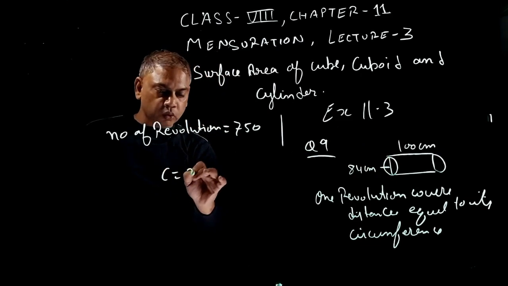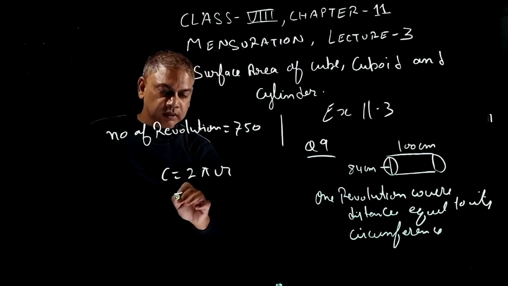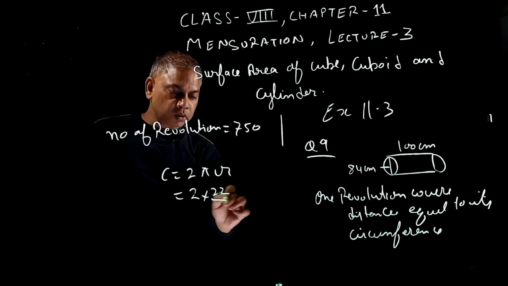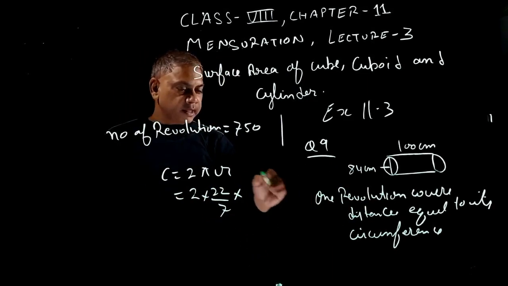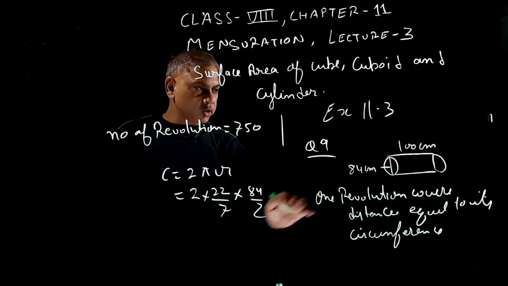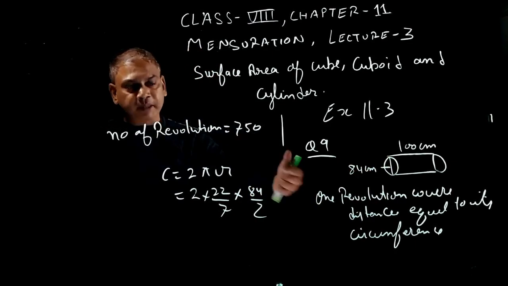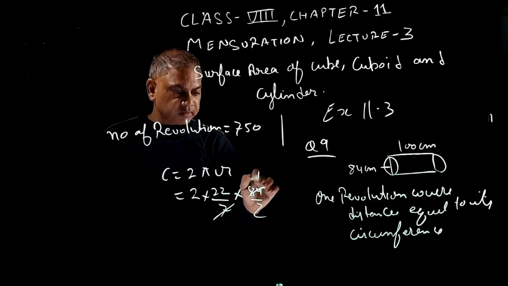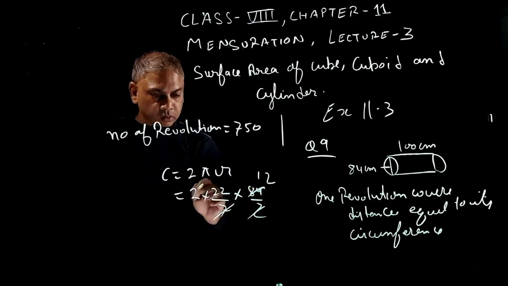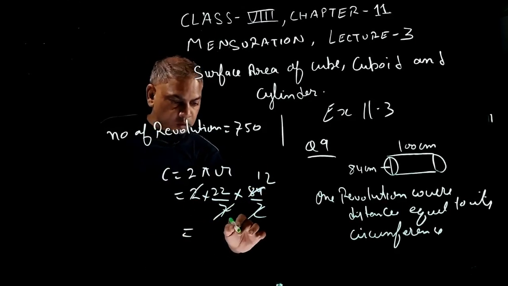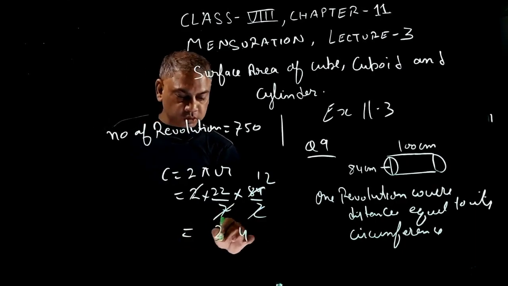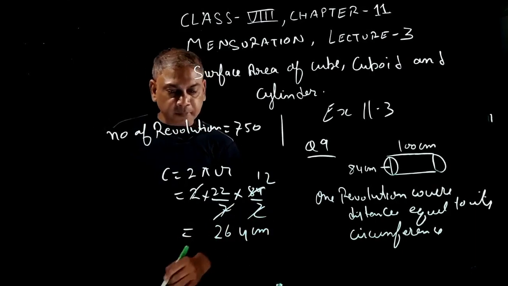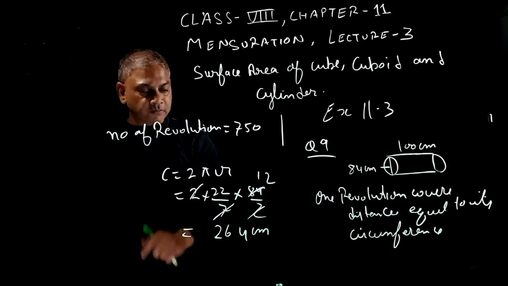C is equal to 2 pi r, that is 2 into 22 upon 7. And what is the radius? Radius will be 84 upon 2, because this is the diameter, so half of the diameter is the radius. Now 7 into 7, 7 2s are 14, 2 and 2 cancel out, 12 2s are 24, 2 carry 12 2s are 24, 25, 26, 264 centimeter is the circumference.